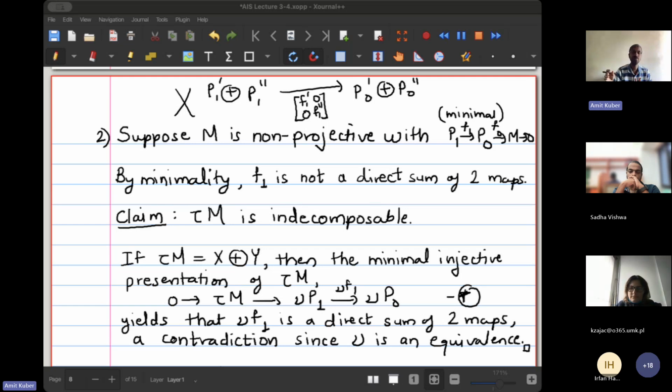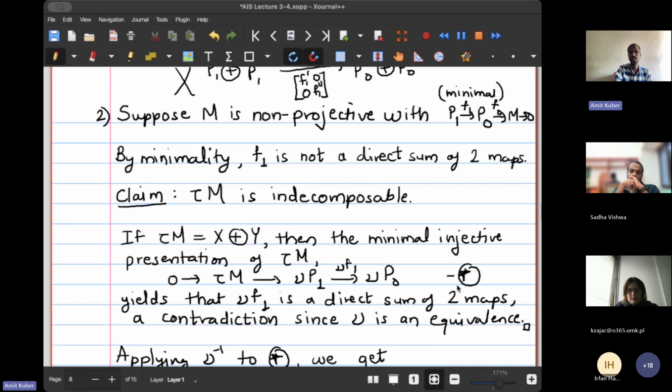Nu F1 is a direct sum of two maps, which means F1 is a direct sum of two maps, which we already observed is not. So therefore, X and Y both can't be non-zero. And that's precisely what we wanted, because nu is an equivalence.